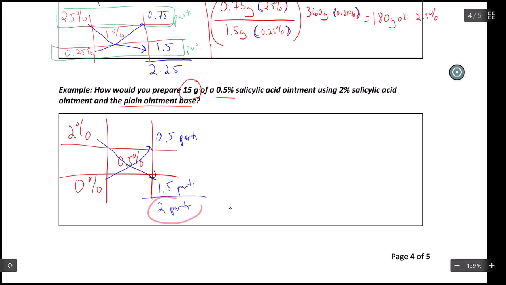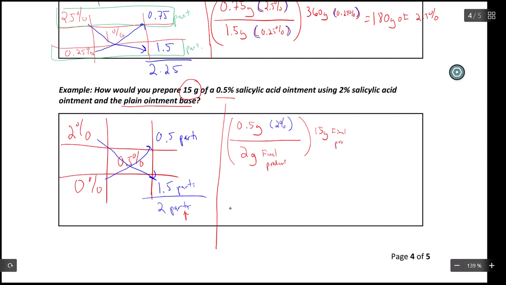So this says that I need 0.5 grams of the 2% every time I want to make 2 grams of the final product, the total parts here. If I am making 15 grams of the final product, how much do I need?